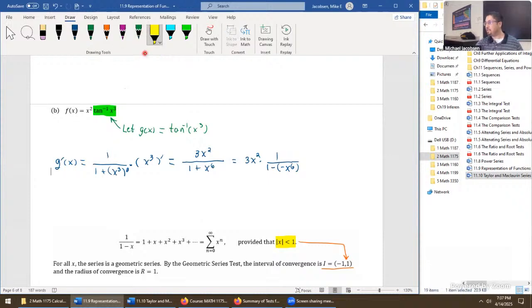So we have the 1 above right here, as we need. We have the 1 below, the negative sign as well. So this whole part, negative x to the power 6, is that x part after the first negative sign, and it goes right in there to the power n. So now it's equal to 3x squared times a sum from 0 to infinity of negative x to the power 6 raised to the power n.